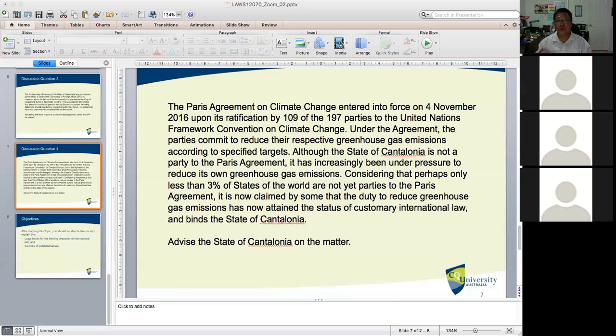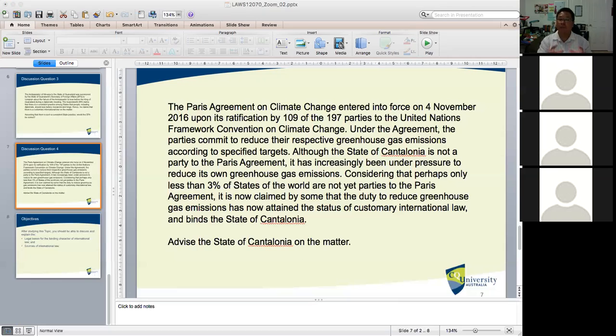And for those states which attempted to reduce their greenhouse gas emissions, including, for example, Australia, because Australia did commit to reduce its greenhouse gas emissions under that treaty, in many cases it was not because of a sense of legal obligation. It was more because they felt it was something they owed to the world, not because of a sense of obligation, but as a kind of good practice.